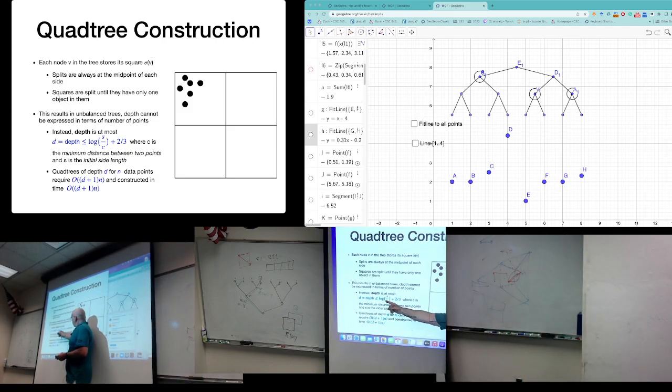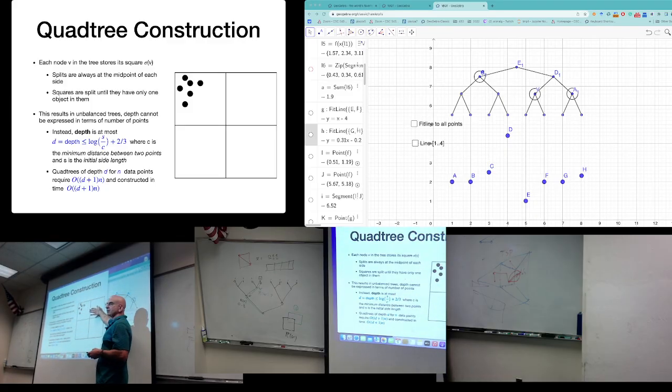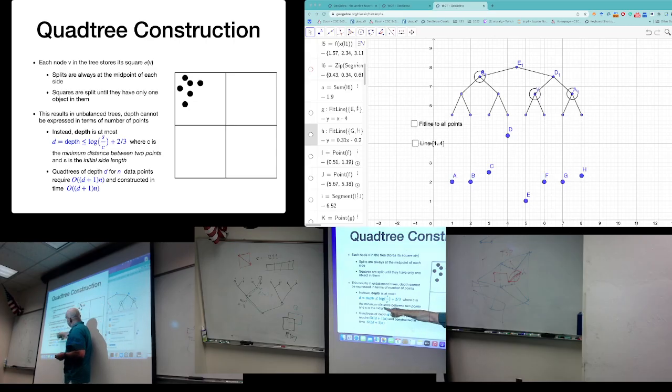Okay. We kind of played with this formula before. That's a bit more accurate than what we saw earlier. What is the depth, the height of the trees that we are constructing? Depth and height here has exactly the same meaning. What will be the depth out there? Let C be the minimum distance.